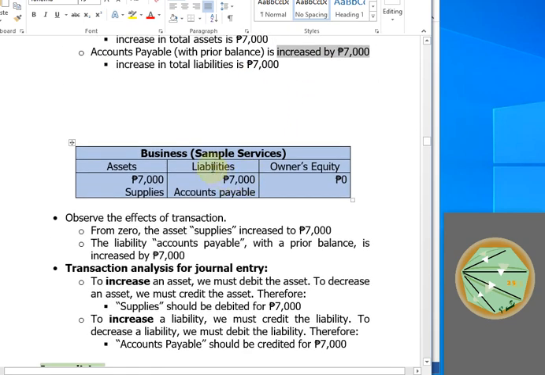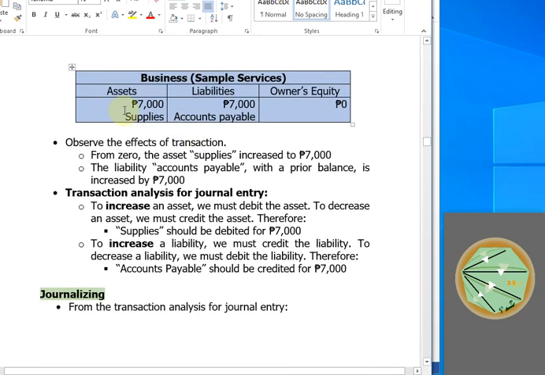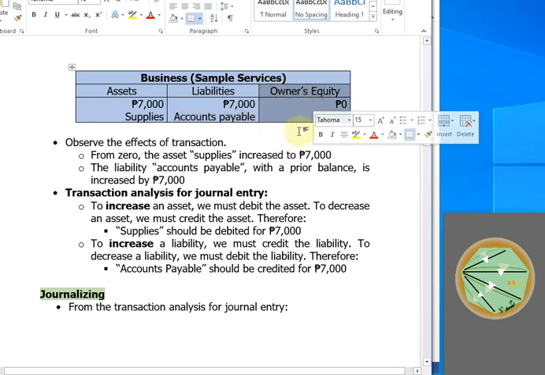If we present them in a table, here's how it looks. Assets increased by 7,000 because of supplies, and liabilities increased by the same amount, 7,000, because of accounts payable. The transaction did not affect owner's equity, therefore it is 0. So again, assets equal liabilities plus owner's equity: 7,000 is 7,000 plus 0.